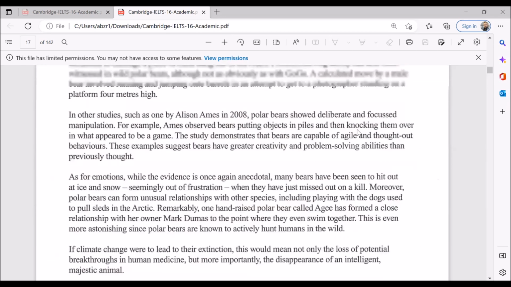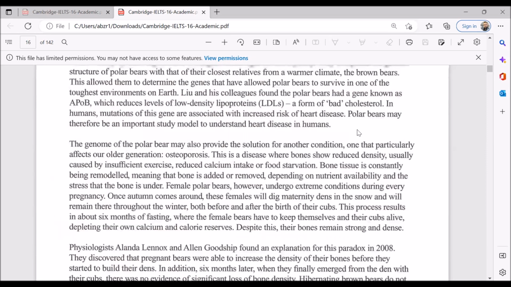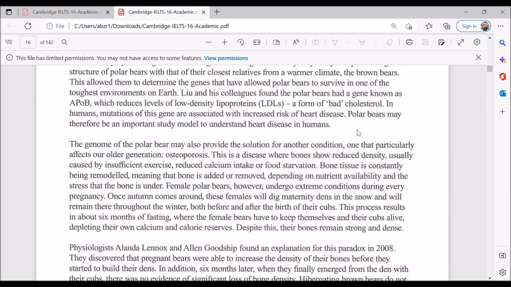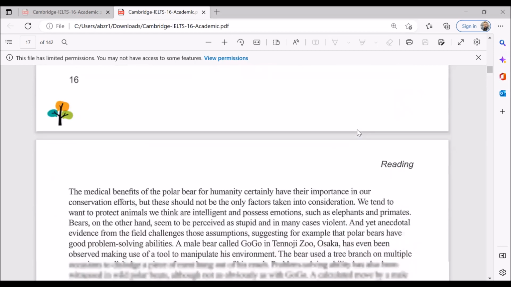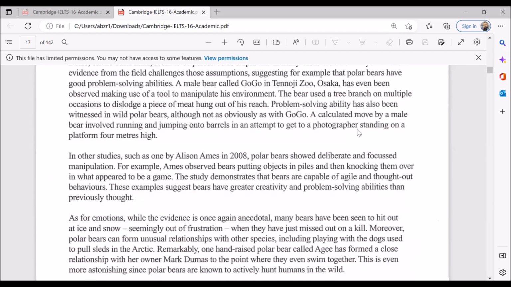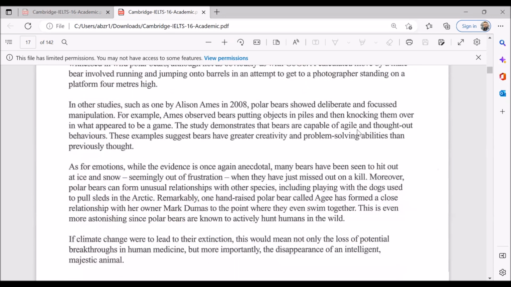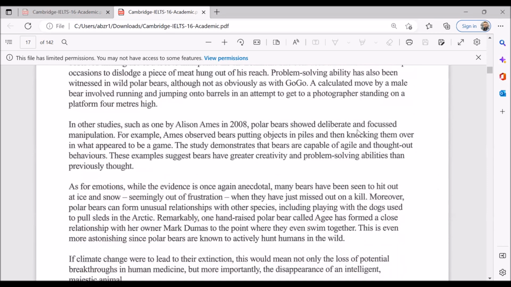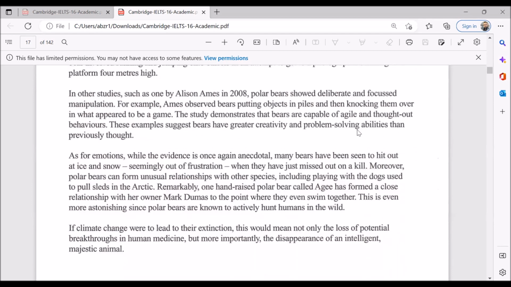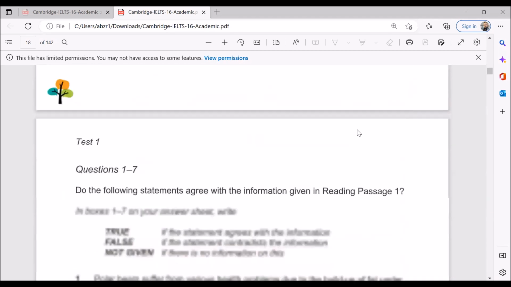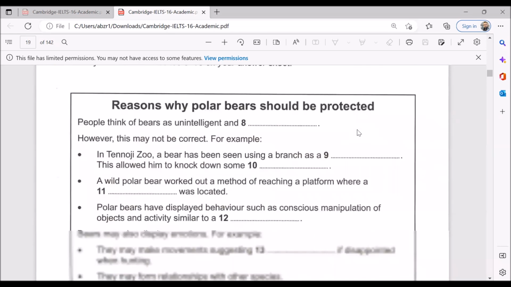It means the answers are not from those paragraphs where we were locating the answers for the true, false, and not given. After moving on, we just have these four, one lengthy paragraph, and after that three very small, and the last one is the smallest one. So we have only this page to answer the next category of questions, which is sentence completion.